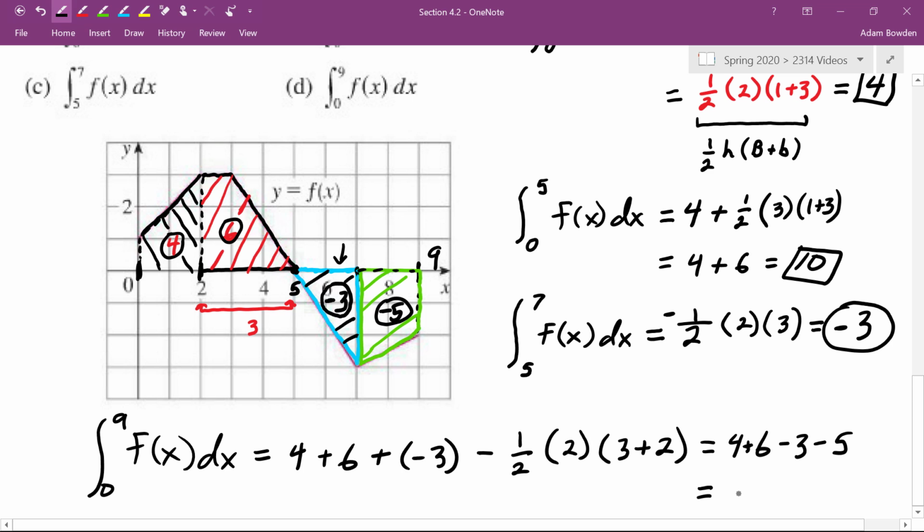And so that would be equal to 2. So if we add together the positive areas up above, the 4 and the 6, and the -3 and the -5 for the other two areas, that tells us what the integral between 0 and 9 of f of x dx is equal to, the sum of all those areas.